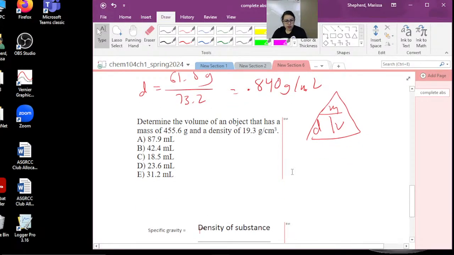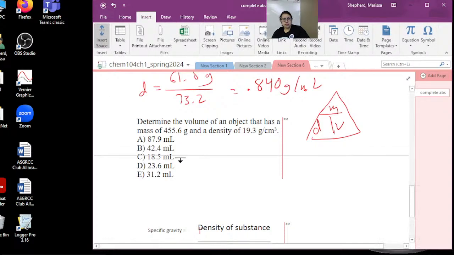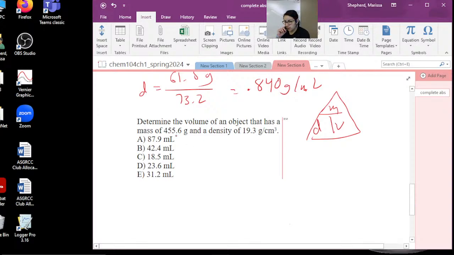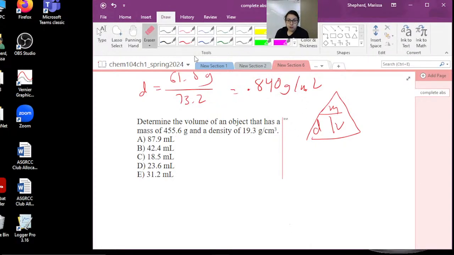And so I'm just showing the dimensional analysis. Again, you could use your triangle trick. It says determine the volume if we have an object that has a mass of 455.6 and a density of 19.3. If we cover our variable volume, it's showing us mass divided by density.